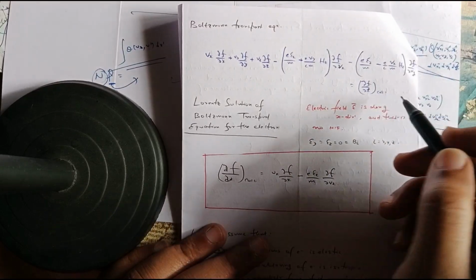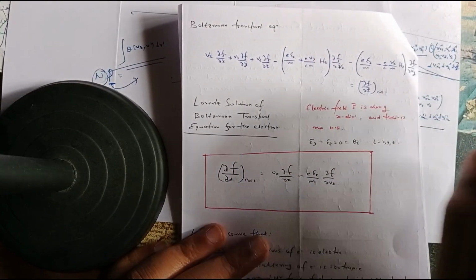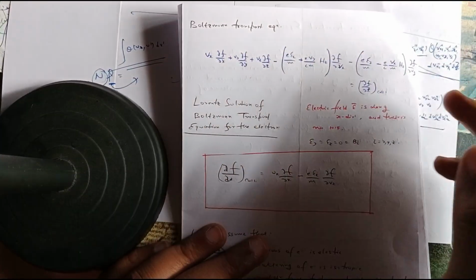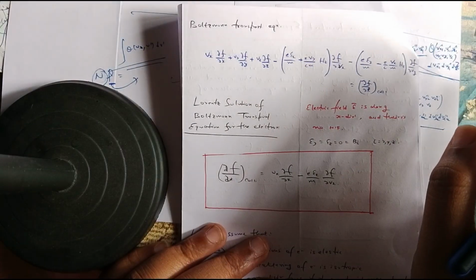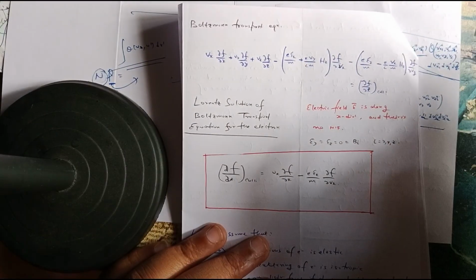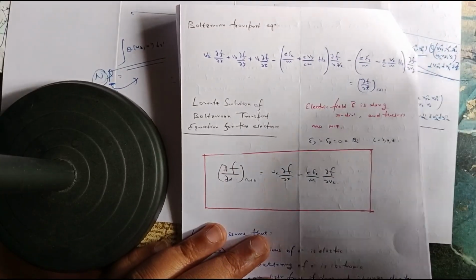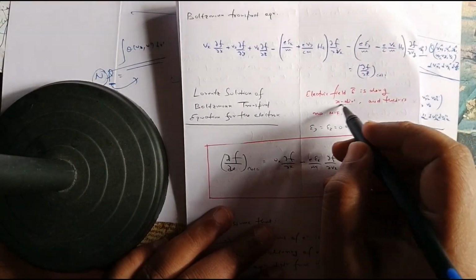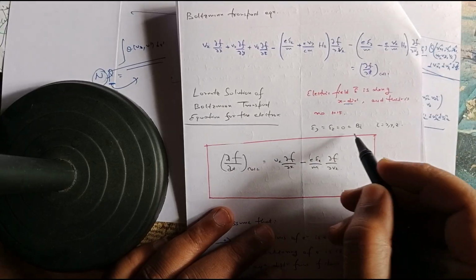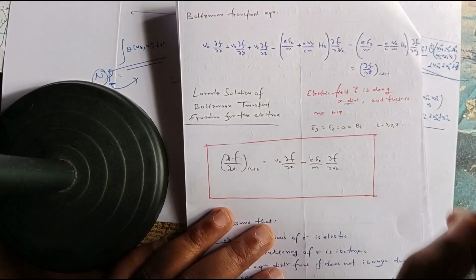Let's reduce our situation to something simpler. We are just considering that only an electric field is applied, along the x direction, and there is no magnetic field subjected to our system.